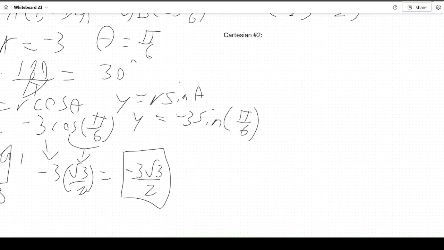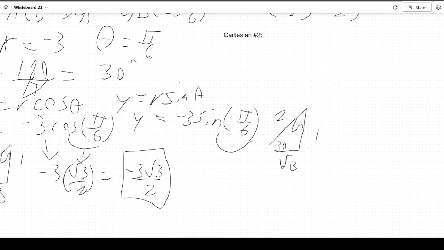Now we have to do the y. So the y is going to be equal to negative 3 sine of pi over 6. Let's see, we got 30, 60, 90. And our sine is going to be opposite over hypotenuse.